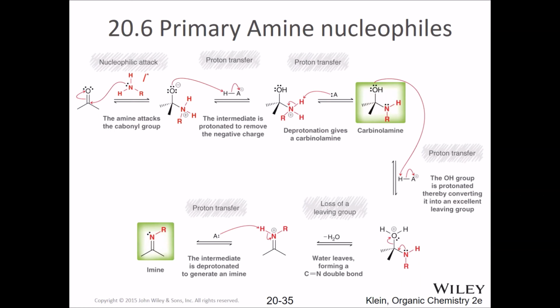In this case, it's a primary amine, and it's a nucleophile, so it comes in and attacks the carbonyl carbon. Boom. Right now, at this point, you have 0 charges here, and then you've got 2 formal charges. Look at that.